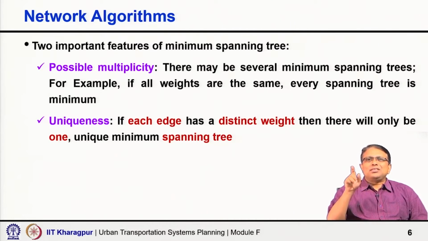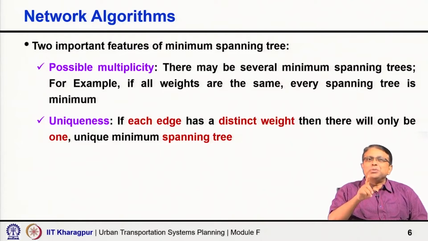So, no two links have the same length. Every length is different, or the weight is different. In that case, the solution you will get for the minimum spanning tree is unique. No two minimum spanning trees you can get, right. So, it is only a unique minimum spanning tree.